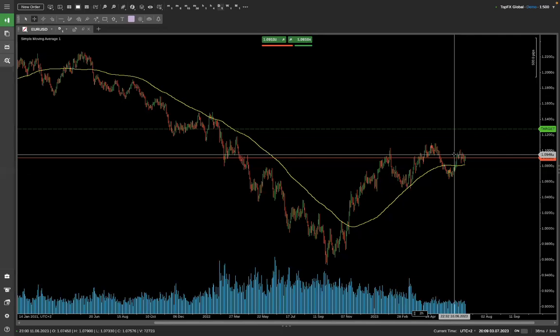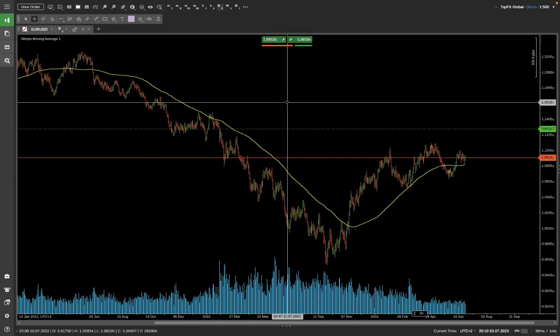Now, let me give you some explanation about the simple moving average versus the exponential moving average, because you will find it very often in the literature, and you will find it very confusing if you are using the moving average for the first time, or you are a beginner in this indicator. Basically, there are 2 main types of moving average indicators used in Forex.